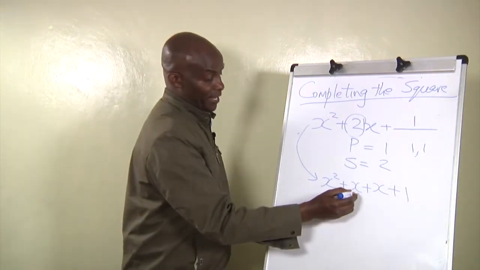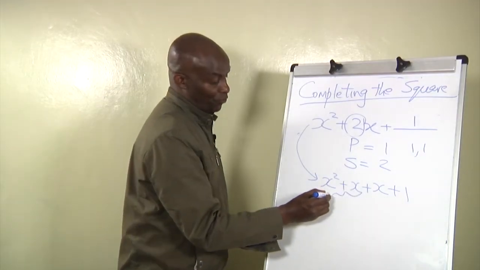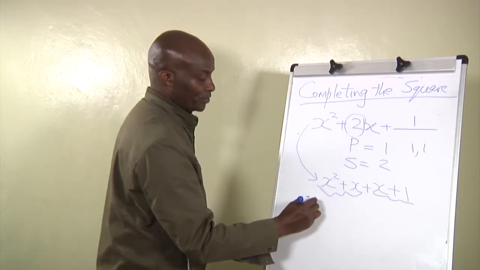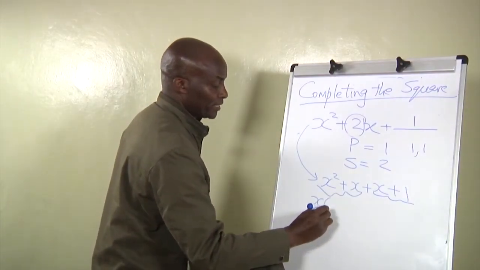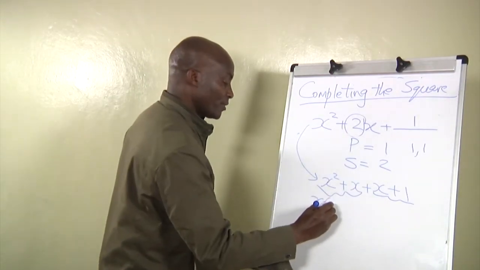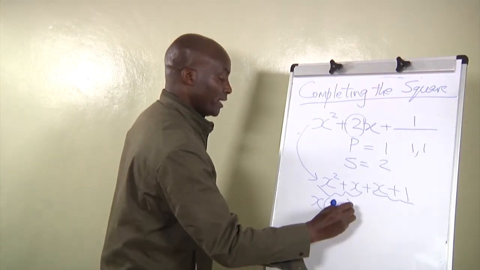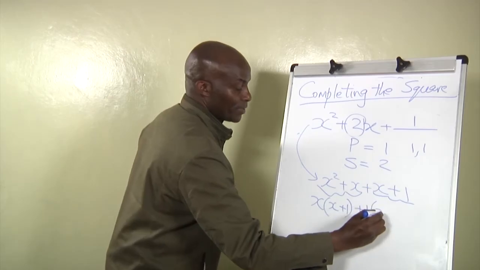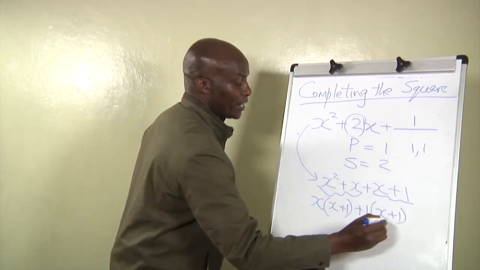The next step, as we discussed last time, is to factorize the pairs. When we factorize, what is common there is x, so we put it out, and we have x plus 1. In the second pair, what is common is 1, and we have x plus 1.